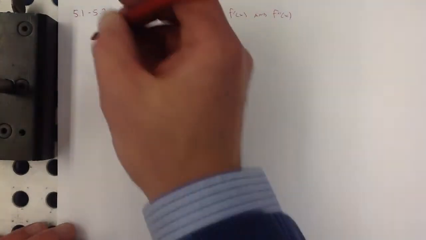So, the first thing that we have to do here is figure out what the second derivative means. And maybe just before we do that even, we can remind ourselves some things about the first derivative.